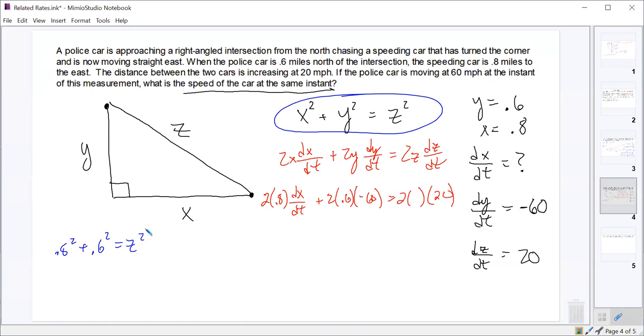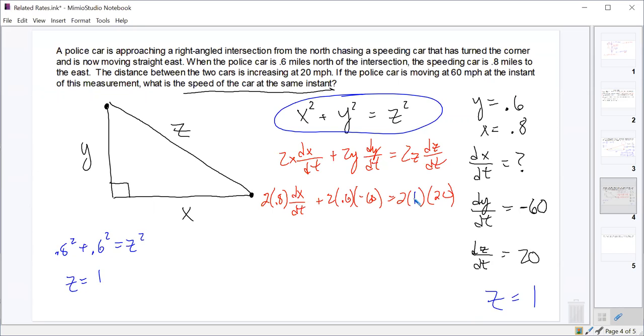And what does that give us? Z equals 1. So we'll say z is 1, which means we'll put in a 1 there.